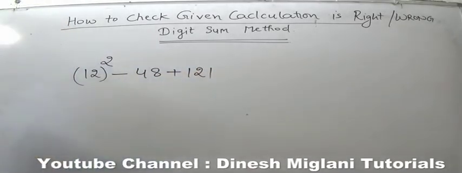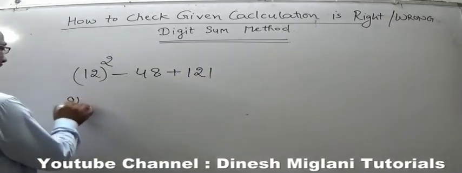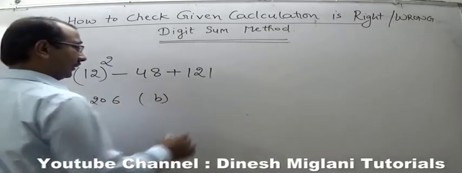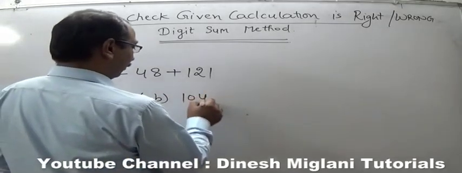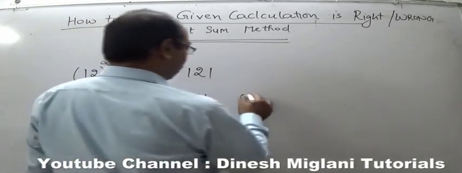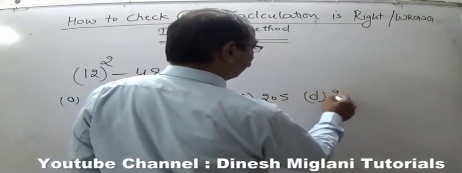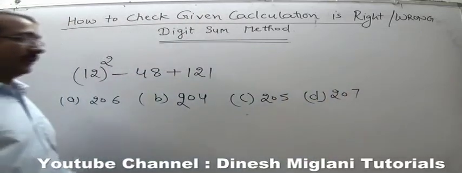Right, that's stated to us. Okay, and a few options are given. The first option is 206. The second option is 104 or 204. The third option is 205, and the fifth option is 207. Right, I have to find which one is my answer.